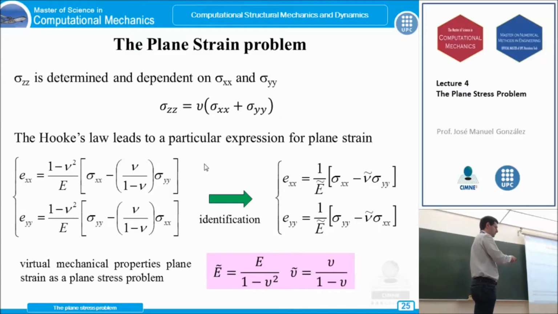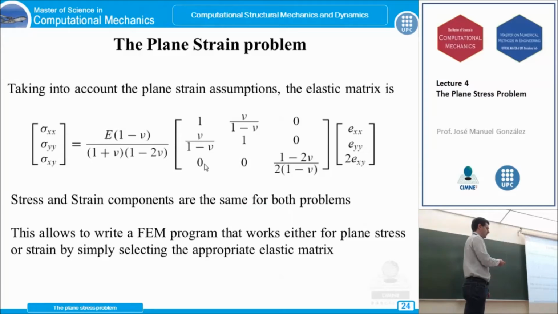So if you implement the stress problem and you change the values of the elastic modulus and Poisson coefficient using this expression here, you can treat the problem as a plane stress or as a plane strain simply by changing these elastic constants, to change the elastic matrix from the plane stress elastic matrix to the plane strain elastic matrix.